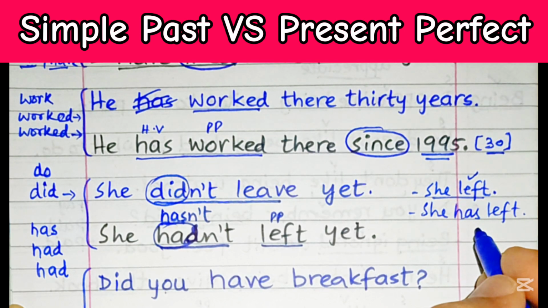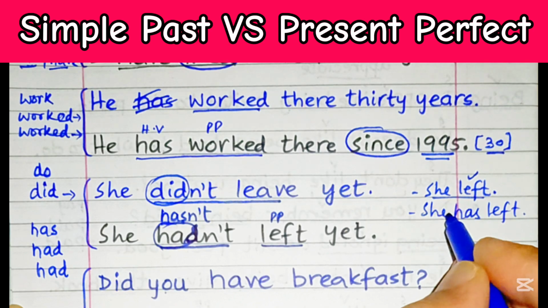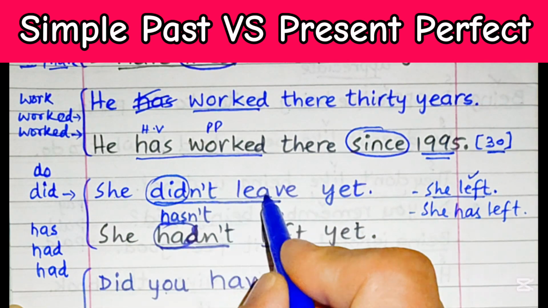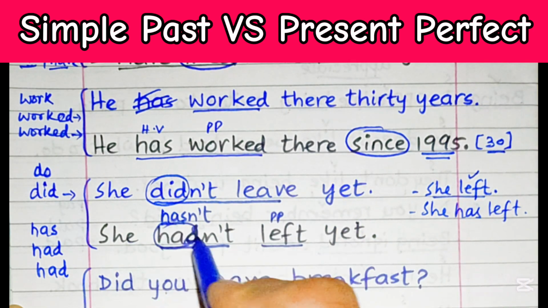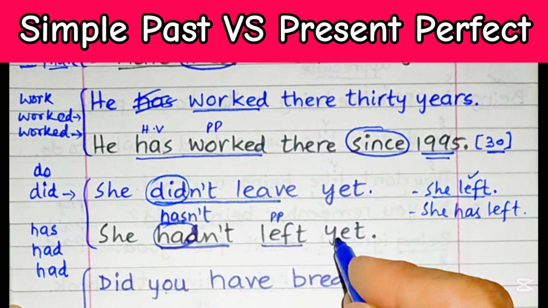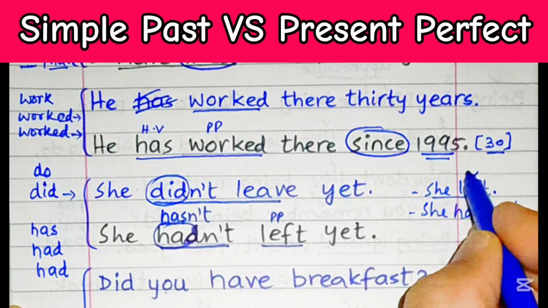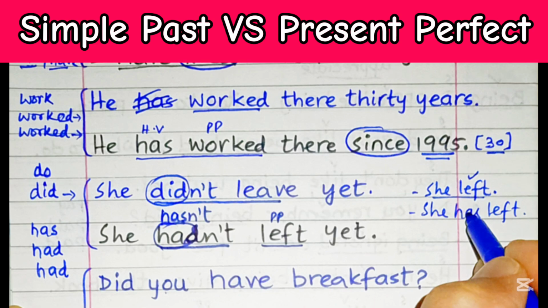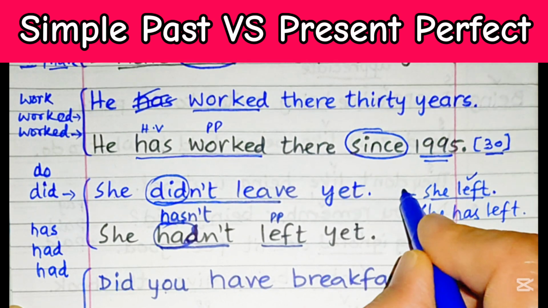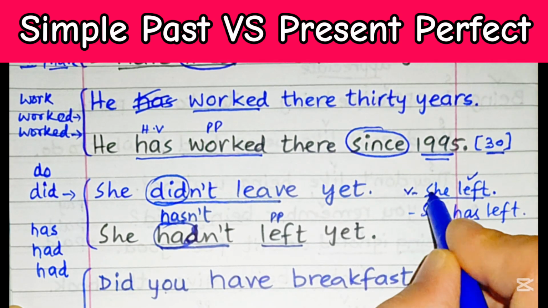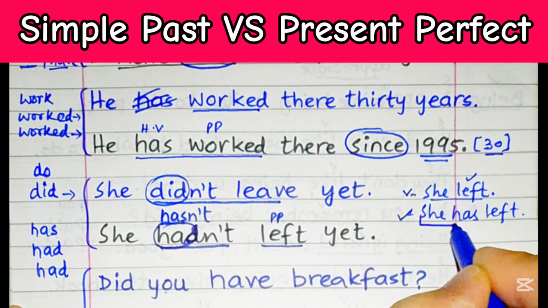You could also contract these. She didn't leave yet, and she hasn't left yet. But if we want to contract this one and this one, this is quite simple: we cannot contract this, but we can contract these two.